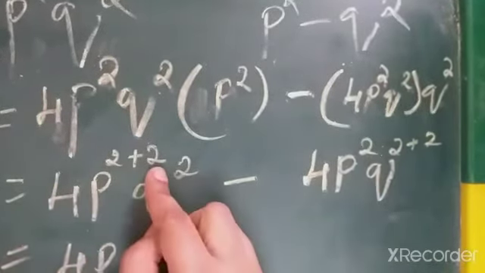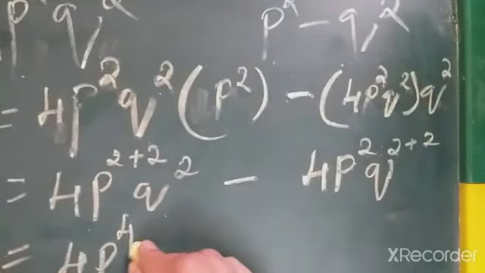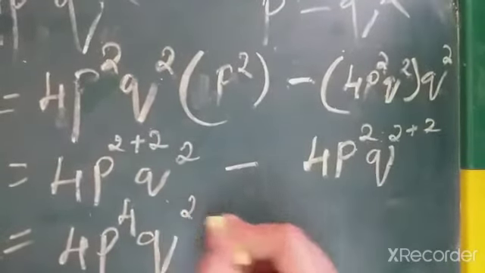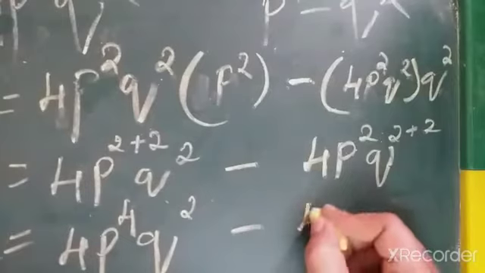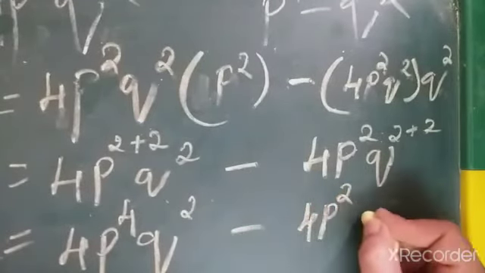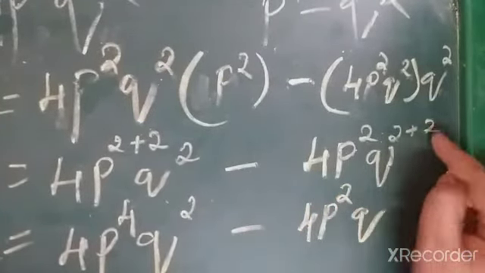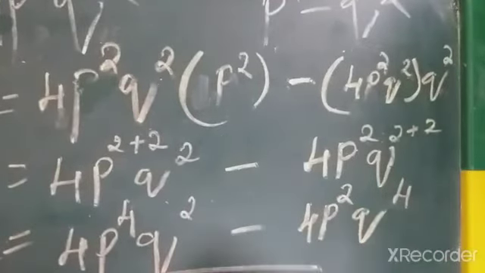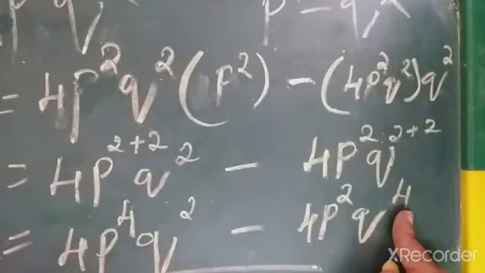So the answer is 4 p to the power 4 q square minus 4 p square and q to the power 4.